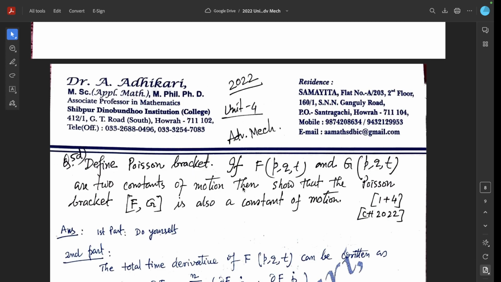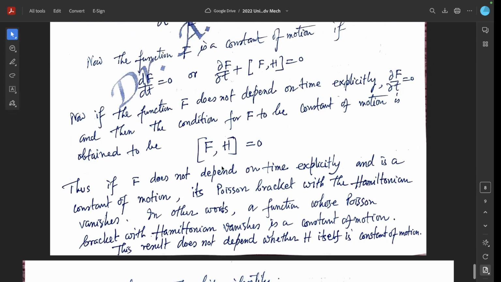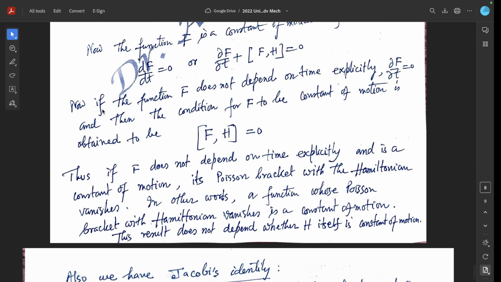The function fg is also a constant of motion. Now if the function f does not depend on time explicitly, then del t f equals 0, and the condition for f to be a constant of motion is obtained to be the Poisson bracket of f and h equal to 0.